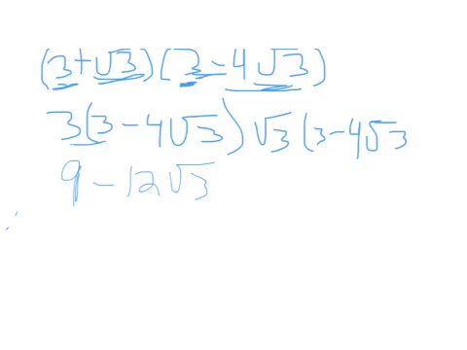Next we do radical 3 times 3. Since they are not like terms, we just put plus 3 radical 3. And then we do radical 3 times negative 4 radical 3, which gives us negative 4 radical 9.